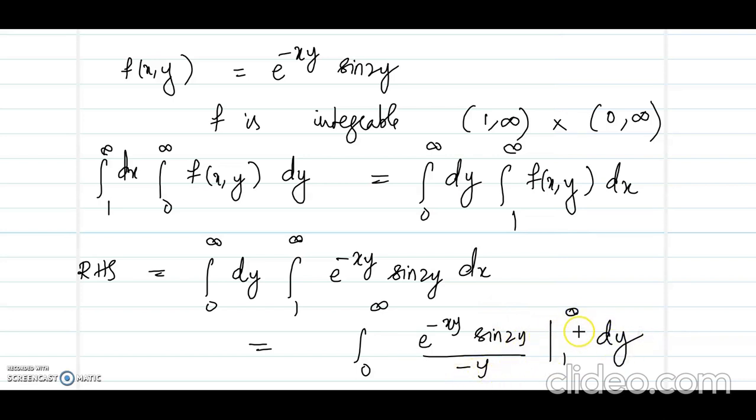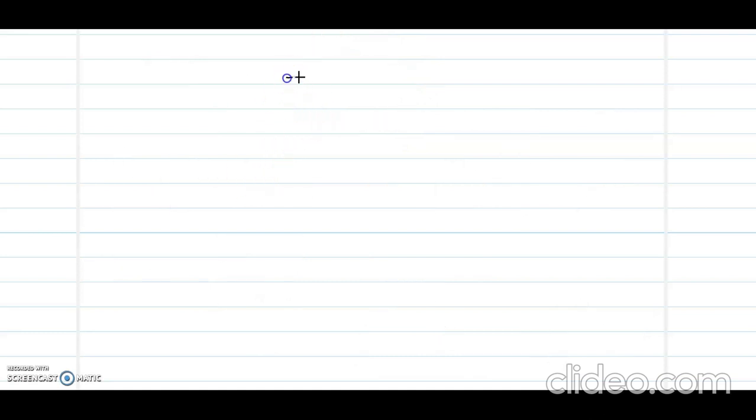So applying the limits on x, at infinity it will be 0. At 1 we will get e power minus y sin 2y by y. So which is the integral we require. So that will be equal to the integral from 0 to infinity of e power minus y sin 2y by y dy.